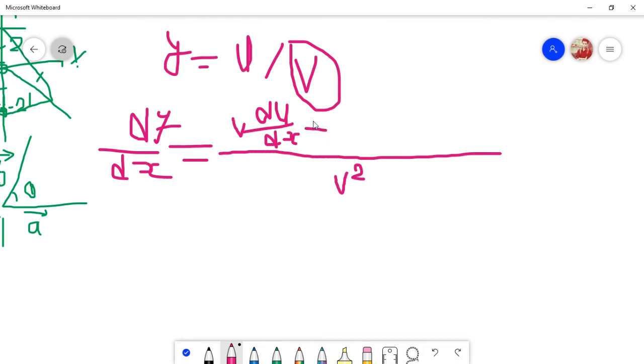Minus u, then multiplied by the derivative of v with respect to x. This is the quotient rule of finding the derivative of a function in division form.